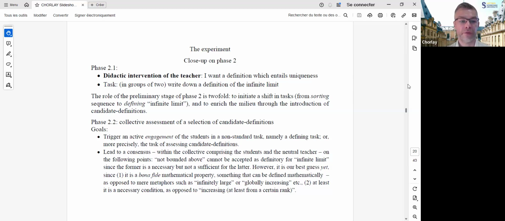And the bulk of phase 2, about 20 or 30 minutes, is devoted to collective work of the assessment of a selection of those candidate definitions which students came up with.